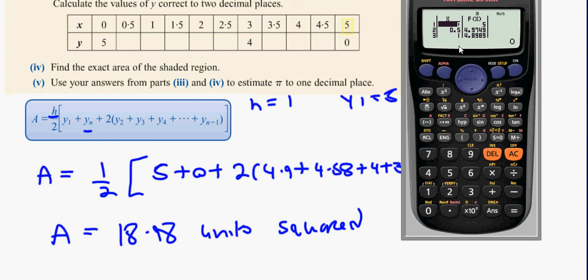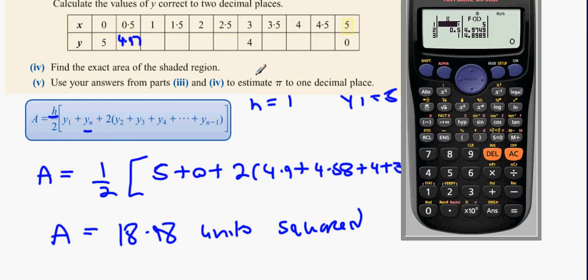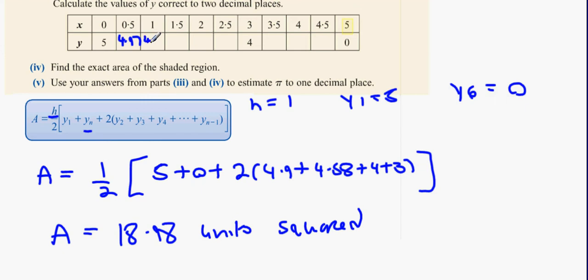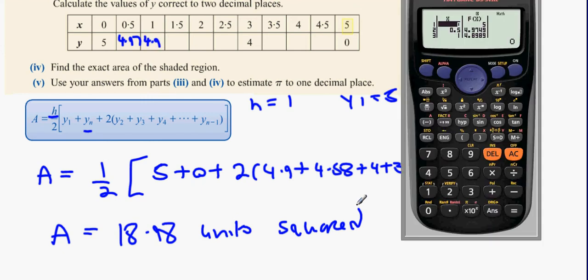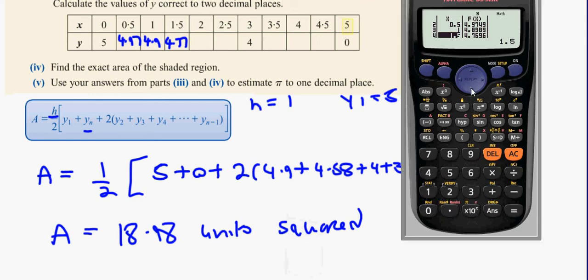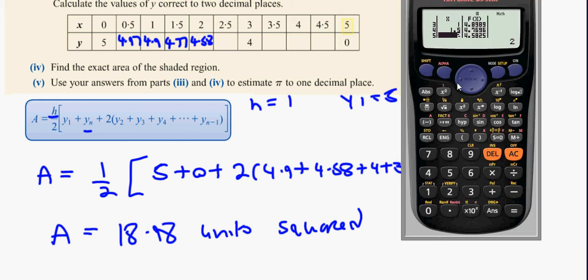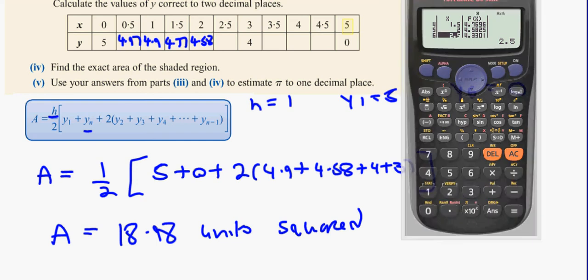Now we can see all these values here, once again corrected to 2 decimal places: 4.97, 4.9. Then 1.5 is 4.77. Then the next one, which is 2, is 4.58. And 2.5 is 4.33.